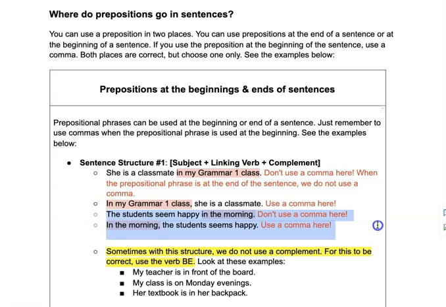Look at these two examples here. Again, when the prepositional phrase is at the end, like the first example, don't use a comma. When you use a prepositional phrase at the beginning, like in this example, you need to use a comma to separate the object of the preposition from the subject.